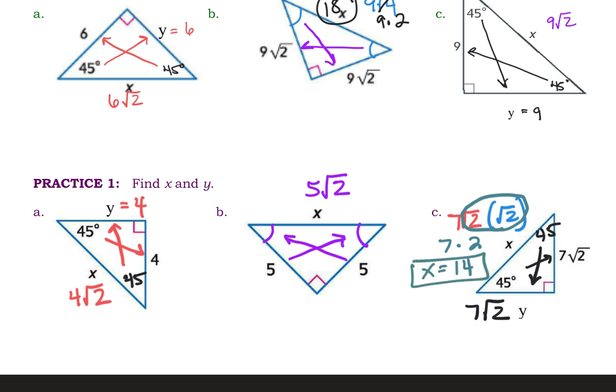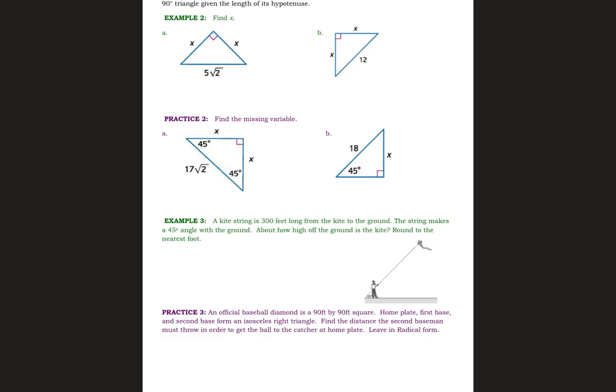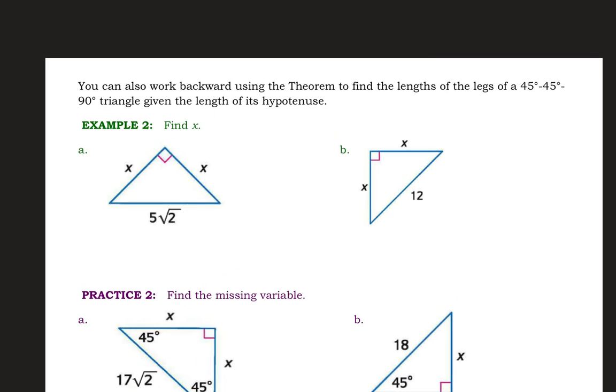All right. Okay, let's go ahead and go on to the next page. So on the next page, this one says you can also work backward using the Pythagorean theorem to find the lengths of the legs. So we're not going to do Pythagorean, well, you can do the Pythagorean theorem, but you could also just work backward. If your hypotenuse is 5 square root of 2, well, what was your leg?